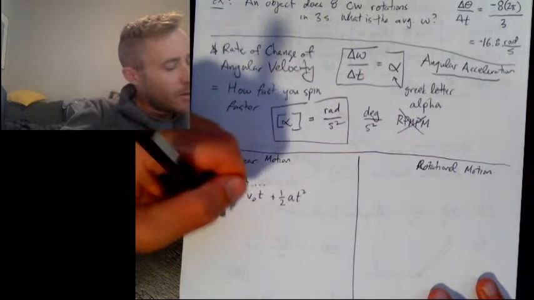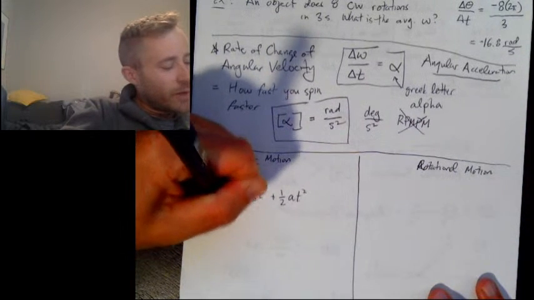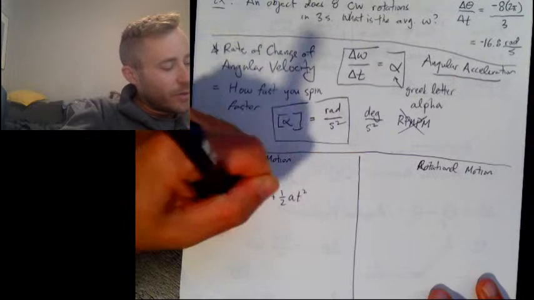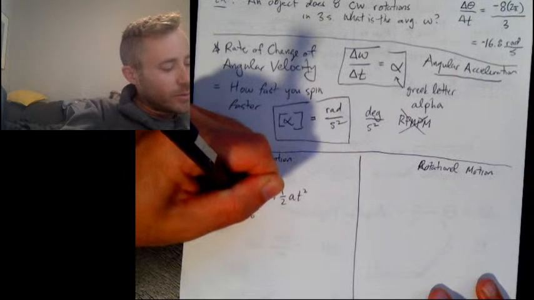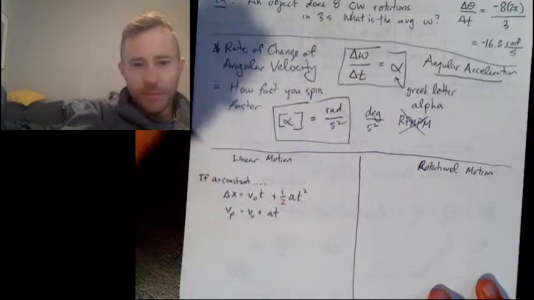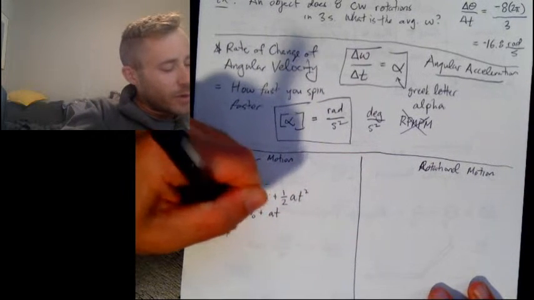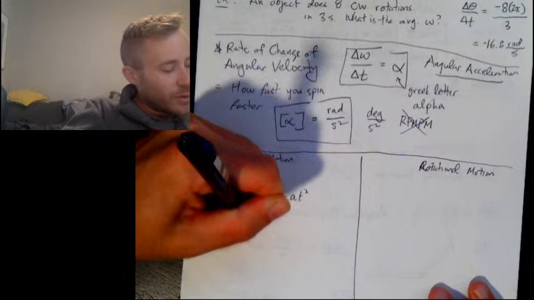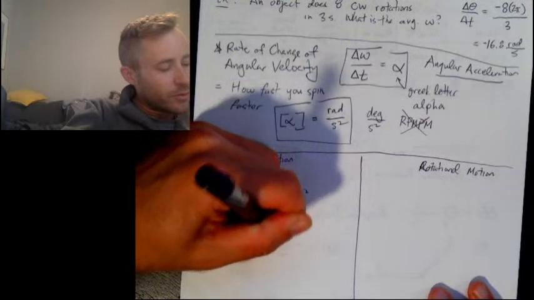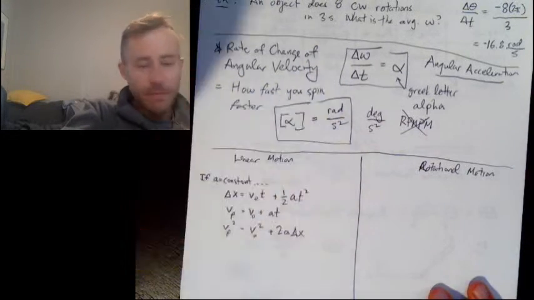Okay, we had v final equals v initial plus at, and then we had v final squared equals v initial squared plus 2a delta x.